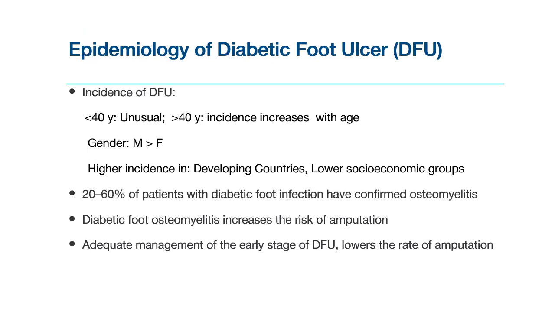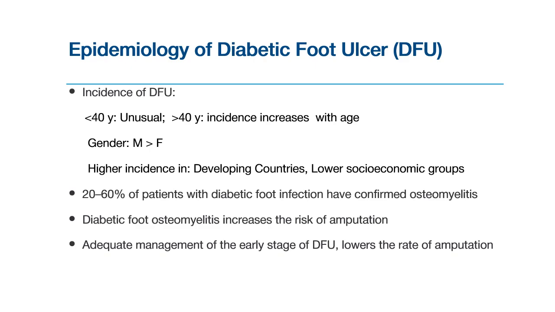Diabetic foot ulcer is unusual below the age of 40. Above 40, it starts and increases with increasing age. Males are more affected than females. And of course, there is a higher incidence in developing countries and especially in lower socioeconomic groups. 20 to 60% of patients with diabetic foot infection have confirmed osteomyelitis because, as we mentioned in the case that I presented, they come late and during this time they develop osteomyelitis.